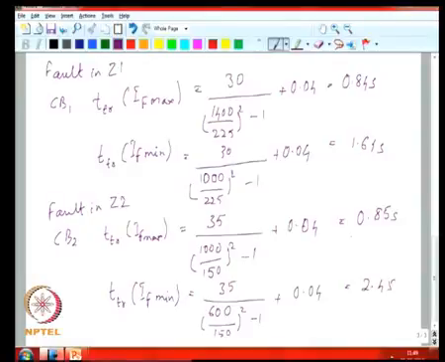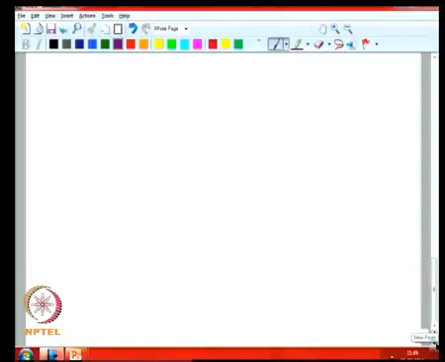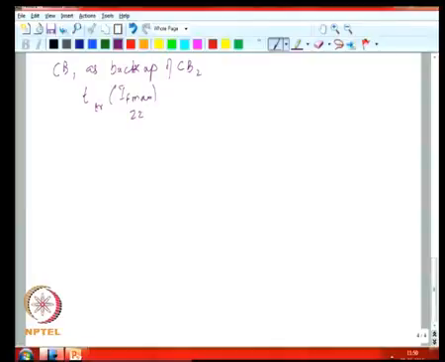The next question is, if for some reason circuit breaker 2 does not operate and circuit breaker 1 backs up circuit breaker 2, what is the required trip duration for circuit breaker 1 during the fault range in zone 2. So CB1 in zone 2 is now 30.